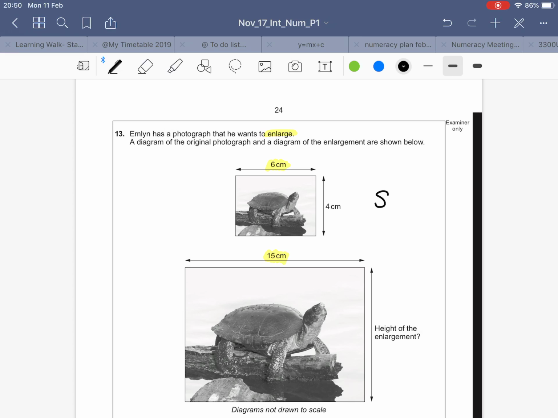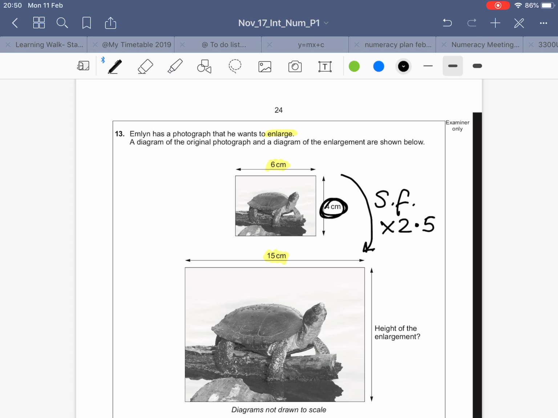And I've got to find the scale factor. How many times bigger did that length have to be made to make the new picture? And I know that to get from a 6 to a 15, you had to multiply it by a 2.5. So everything in the new picture has been made 2.5 times bigger.